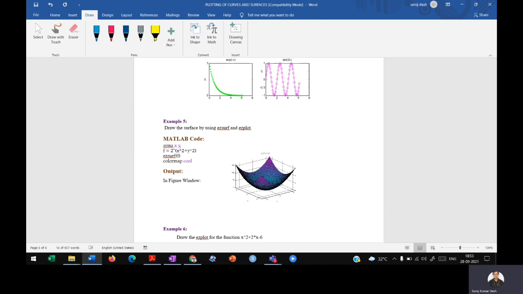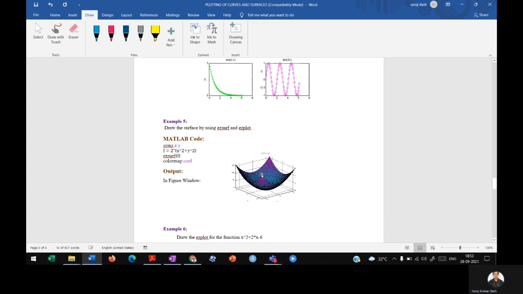MATLAB already takes x and y values by default. Now the function is 2 into x square plus y square. We are going to draw a surface, not a curve, so we define two symbols x and y here. Two independent variables are there, and f is dependent. Now we use ezsurf of f, and colormap we put as full.